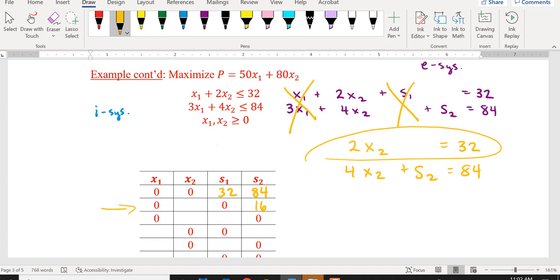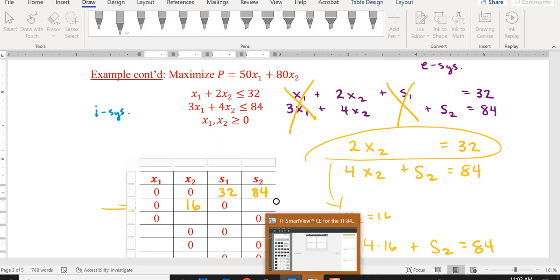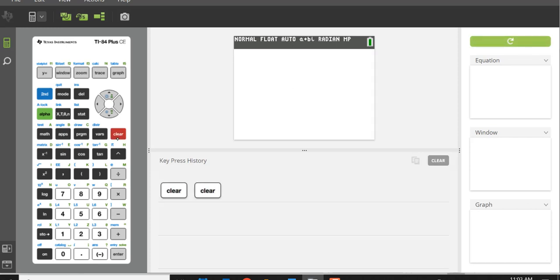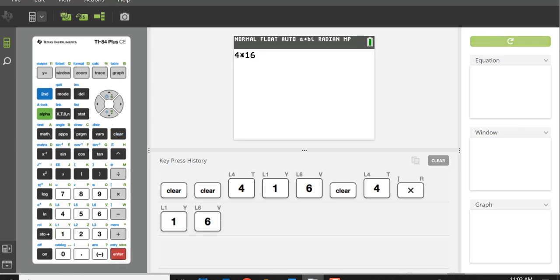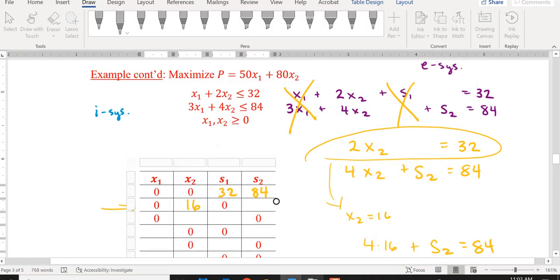If x2 is 16, then 4 times 16 plus s2 would be 84. What is that? Don't make me do arithmetic. 4 times 16 is 64, and then we want 84 minus 64.